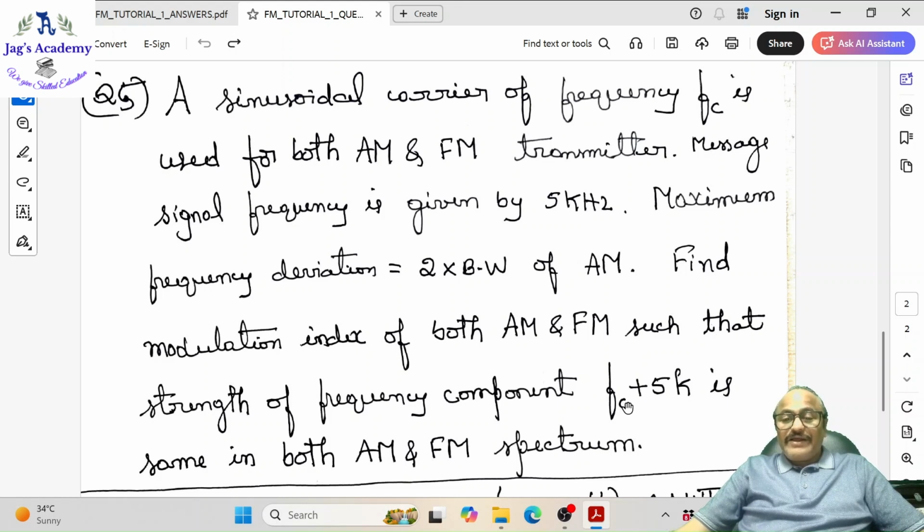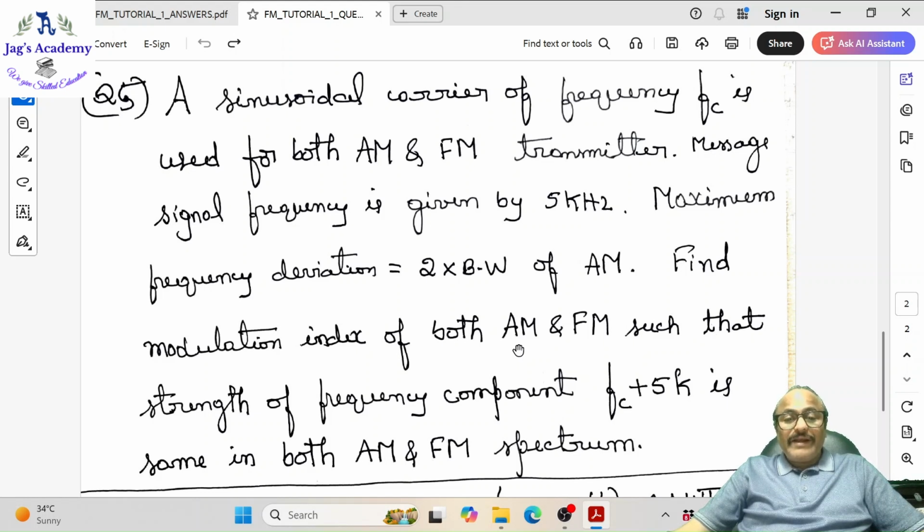You know that for narrowband frequency modulation, the spectrum of AM is equal to the spectrum of FM. Now it says that it's the same for both FM and AM. So you have to use the same amplitude to find out the modulation index of the AM wave. The modulation index of the FM wave will come directly, not a problem. But the modulation index of the AM wave is actually m Ac by 2, yes or no?